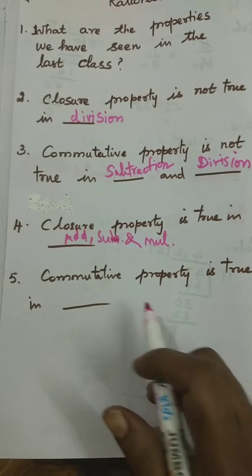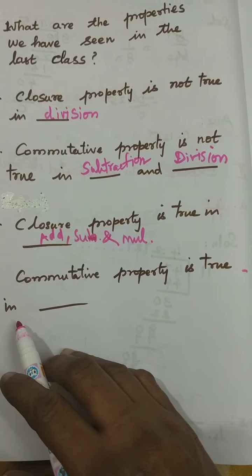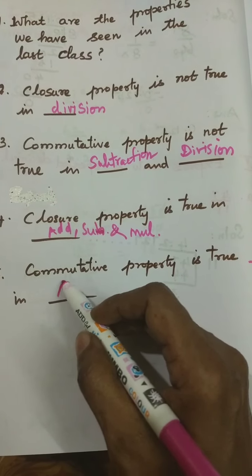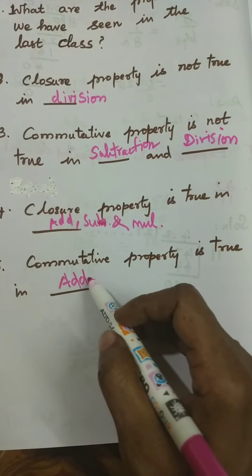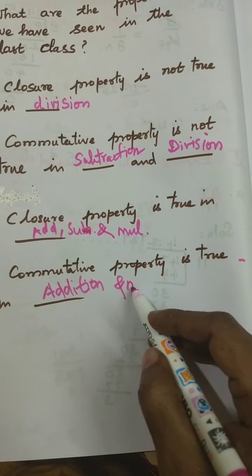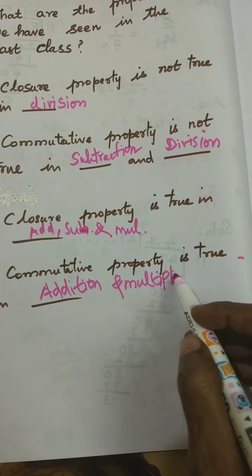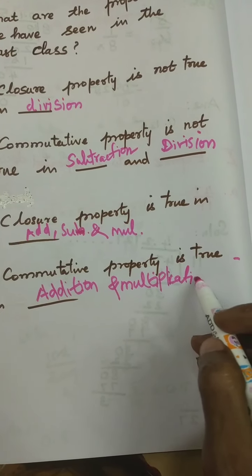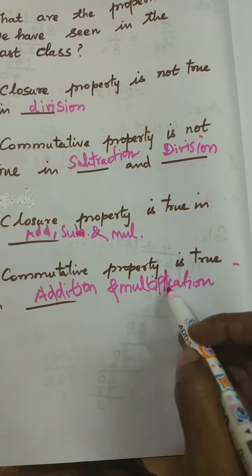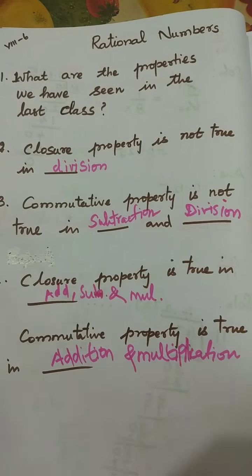Then commutative property is true in addition and multiplication. Commutative property is true in addition and multiplication. Now we shall move to today's class.